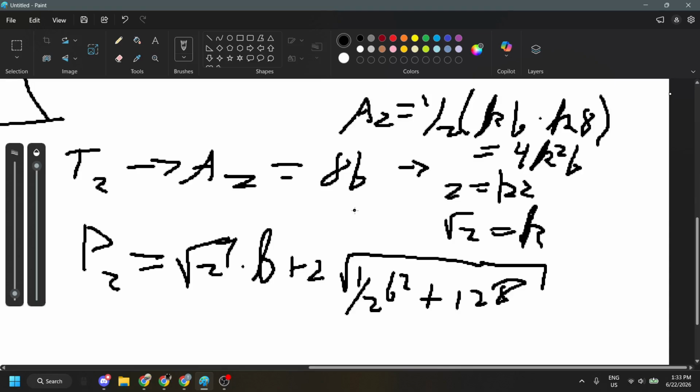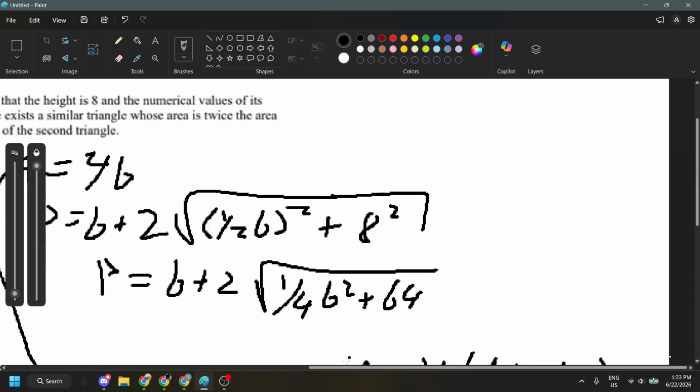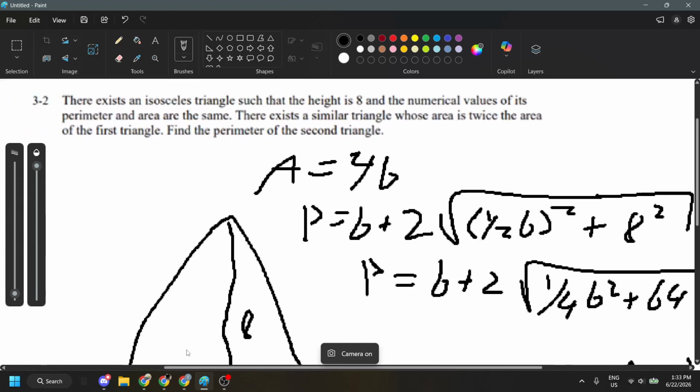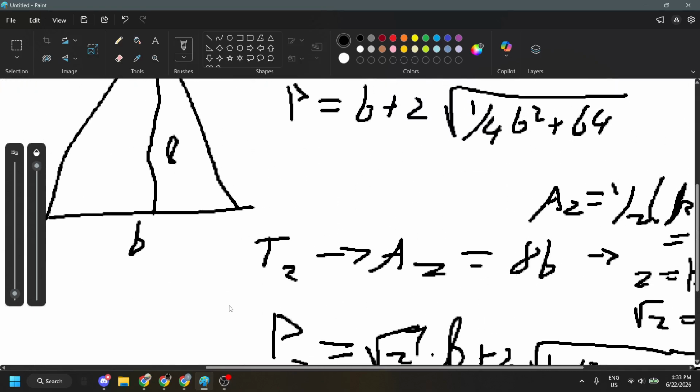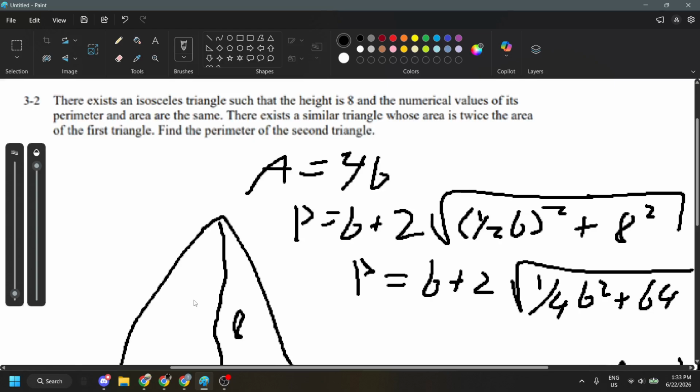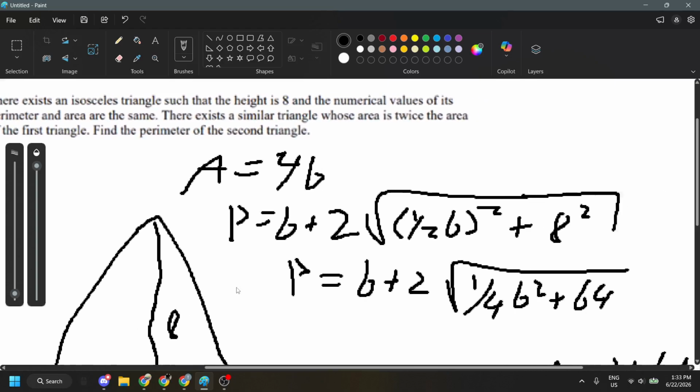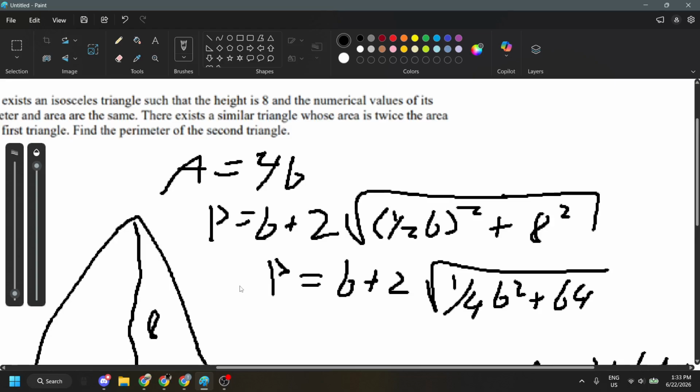Okay. Do I know anything about b already? I know that the area is 4b. So now do we just have to solve for b?